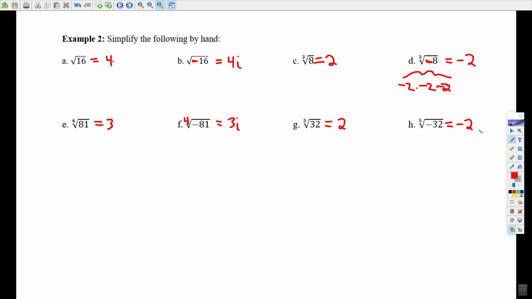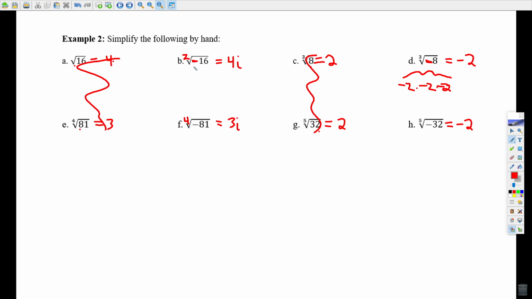So what's going on here? Well, if we don't look at the positive ones, right? If you look at all the positive ones, like 16, 8, 81, and 32, they all come out to be positive answers. So if we just don't look at these for a moment, all the positive ones, what are we getting here when we look at the negatives?